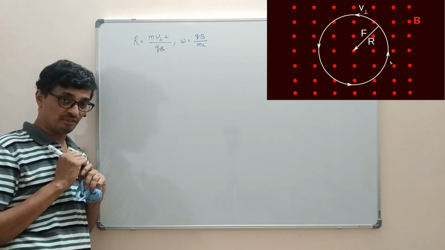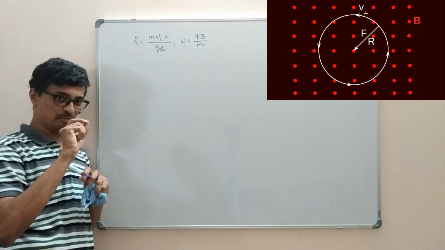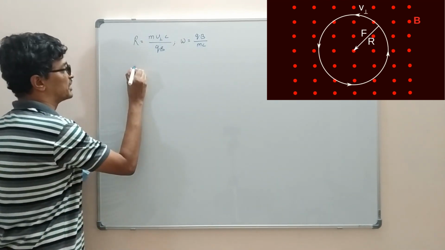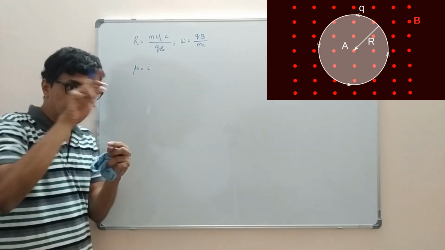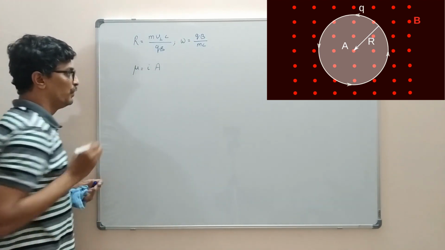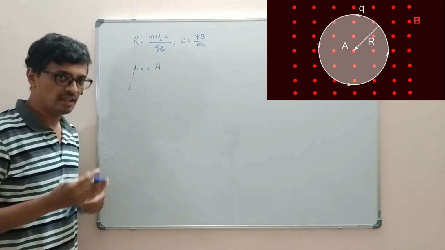Then we can always find out the magnetic moment of this charged particle moving in a circle. The magnetic moment, which I denote as mu, is given by the current I and the area it is covering, so that area will be A. Now let us find out what my I will be. I is nothing but Q by T or dQ by dt.